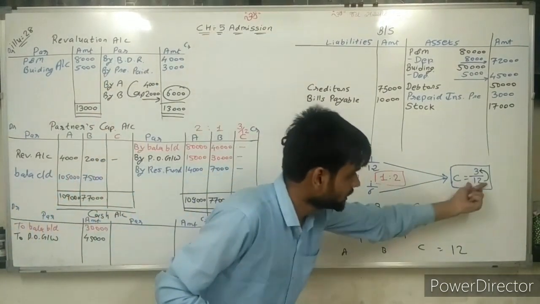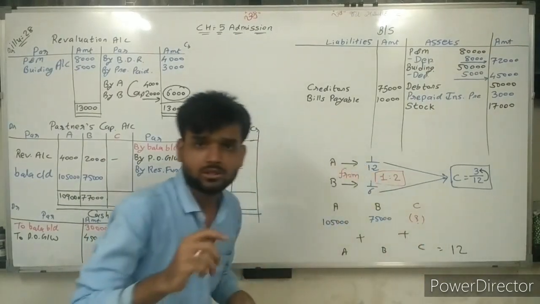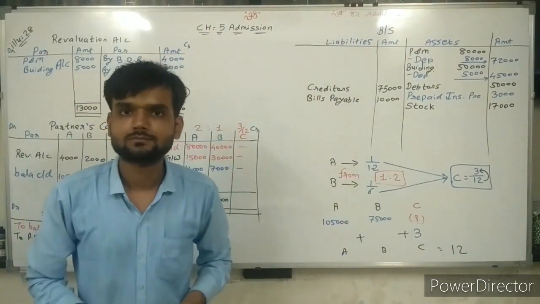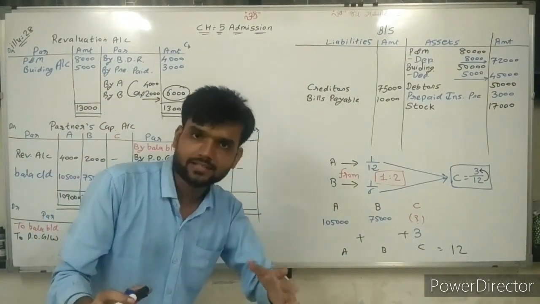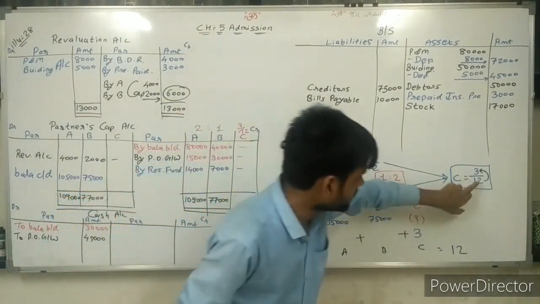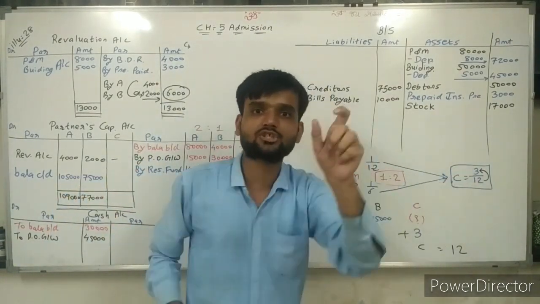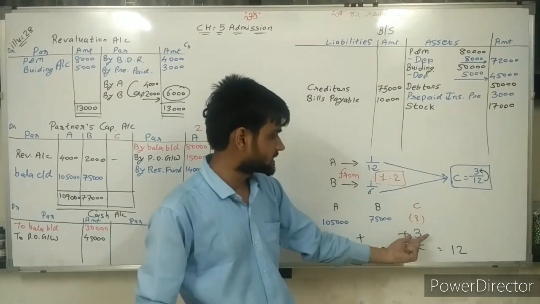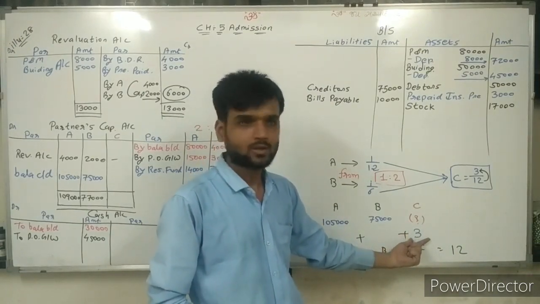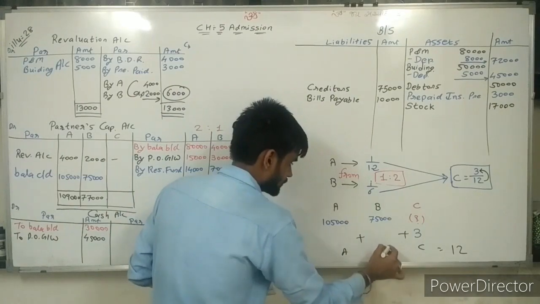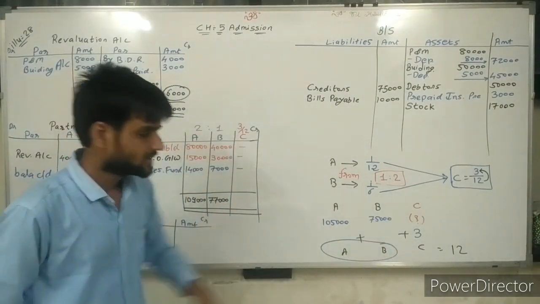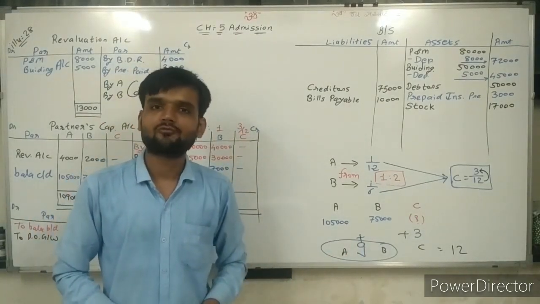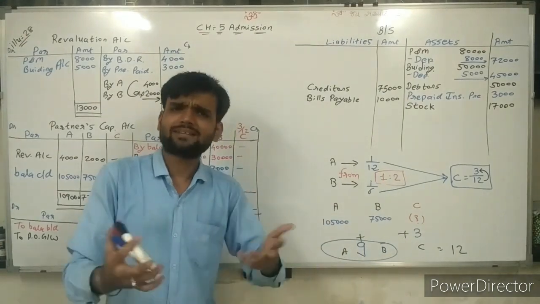And from this 12, 3 is of C. Yes or no? I think everybody can understand easily. From 12, 3 is the ratio of C. So what is the portion of these two? 12 minus 3, 9 is the portion of A and B.